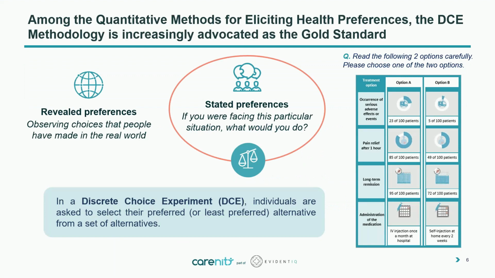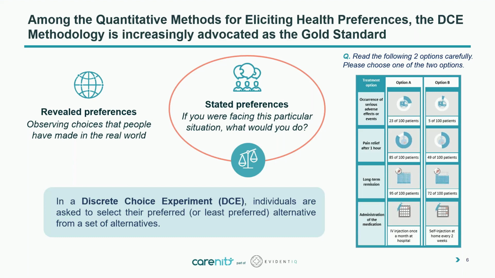Revealed preference techniques use observations on real choices made by respondents. These methods are not always adapted to healthcare objectives, especially if we want to evaluate a treatment that is not yet on the market or a drug that targets a restricted population of patients, such as a rare disease or a specific disease subtype. On the contrary, stated preference methods are widely used in healthcare.